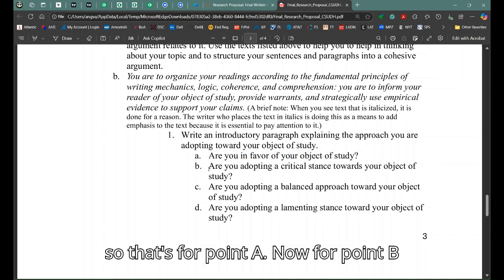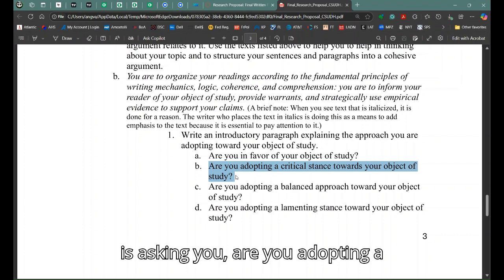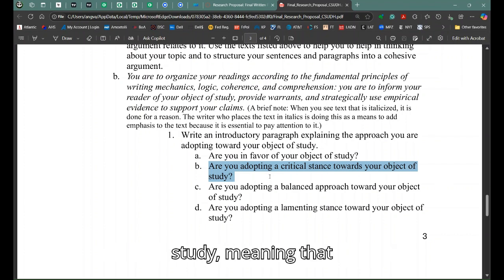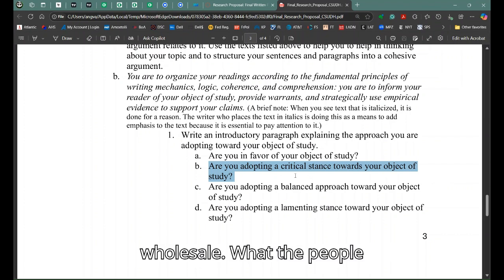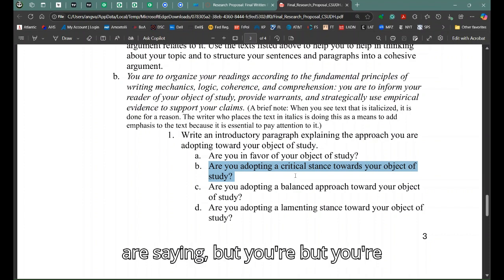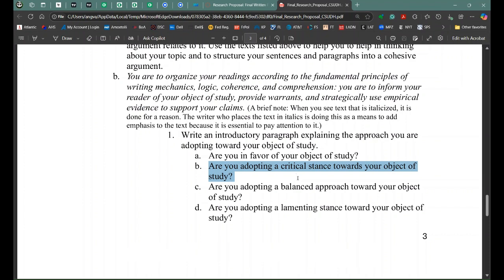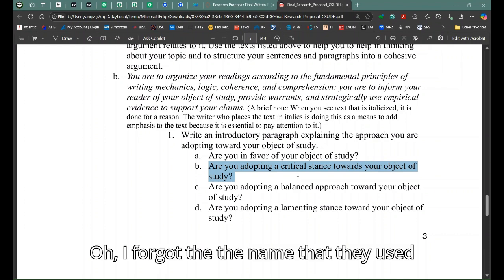Now, point B is asking you, are you adopting a critical stance towards your object of study? Meaning that you're not necessarily accepting wholesale what the people are saying, but you're reading it with a critical eye. And this would be what Paul and Elder call the, what is it, the critical person. Oh, I forgot the name that they used.